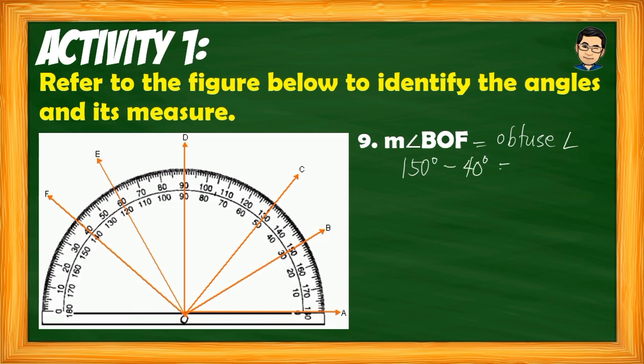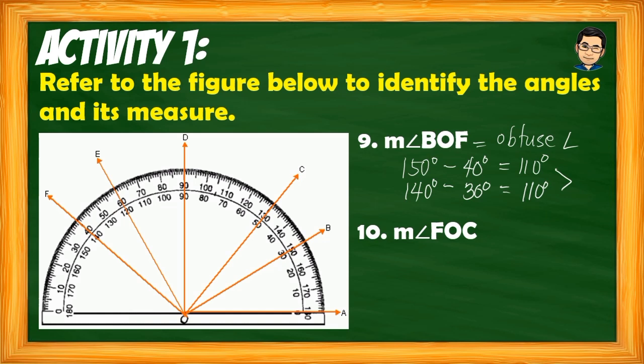And that is 110 degrees. Or pwede rin namang yung nasa mga ibaba, 140 degrees minus 30 degrees. That is equal to 110 degrees. So again, kahit alin dyan ang kunin natin, ibibigay niya rin po ang parehong sagot, which is 110 degrees.